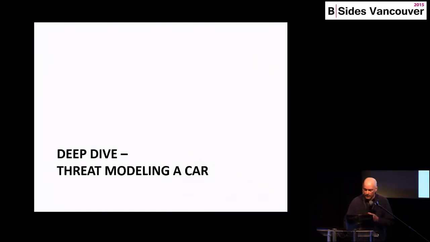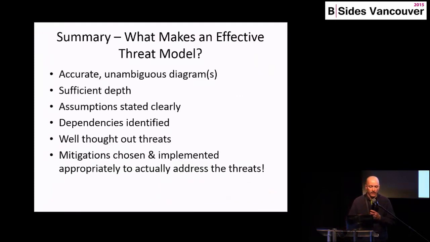Success. So in summary, what makes an effective threat model? Accurate, unambiguous diagrams. Done to sufficient depth to thoroughly document what it is you're building. You've stated your assumptions. You know what your dependencies are. I picked on OpenSSL because it's an easy target, but it's a very appropriate, a very pertinent target because it is something that so many things use.